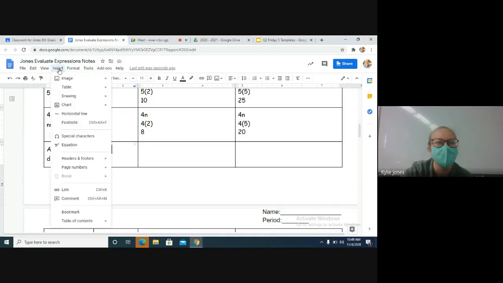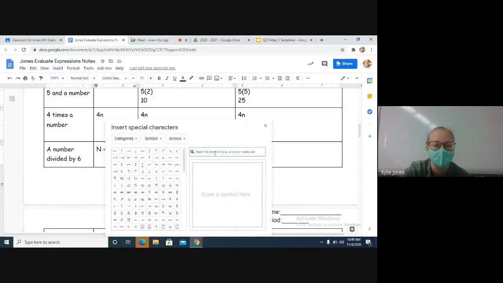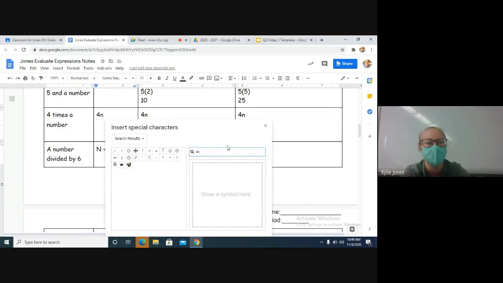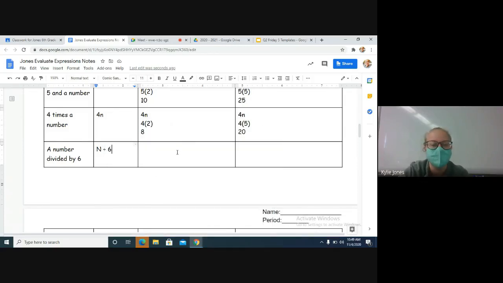You go to Insert, Special Characters, and then to actually find it, start typing in the word divide, D-I-V, and it should start to pop up. You should be able to click on one of those division signs. There's the big bubble one, and then there's the smaller one. There's a circled one. I don't know why. I don't use the circled one. Just know you need to divide. All right. So n divided by 6.